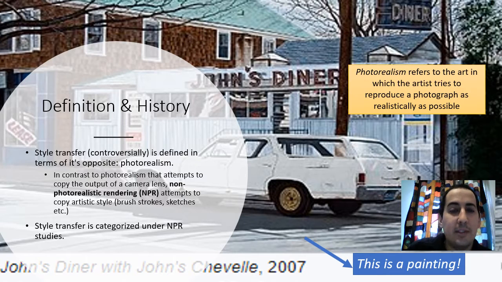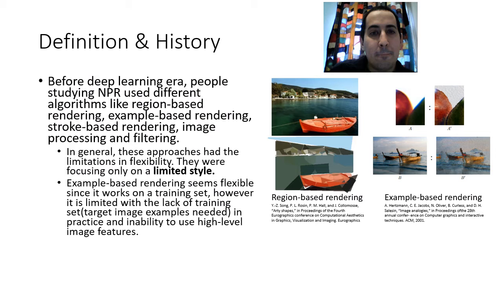For this purpose, people used various algorithms in the history before deep learning. Region-based rendering, example-based rendering, stroke-based rendering, image processing, filtering are some of the algorithms used in the past.